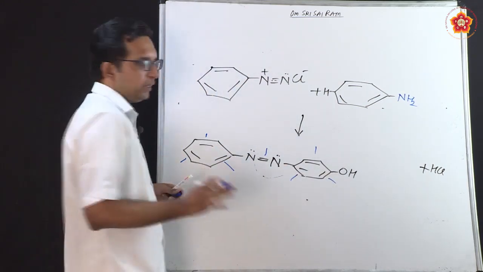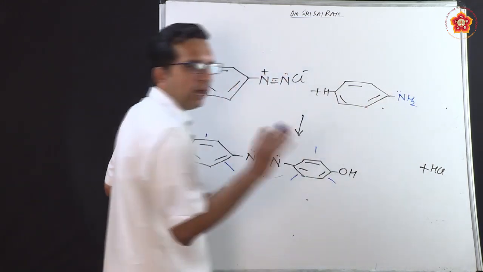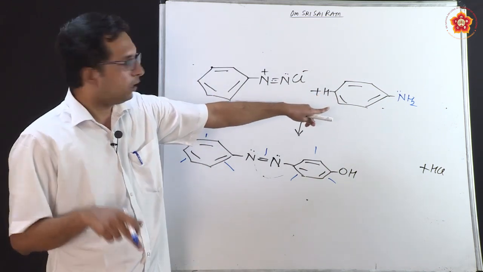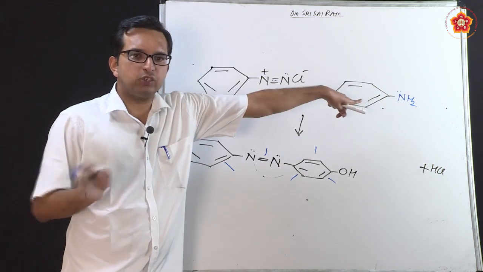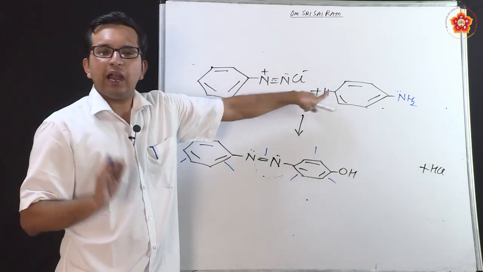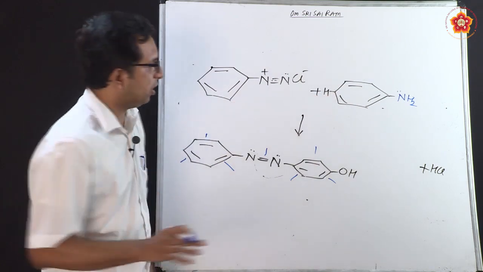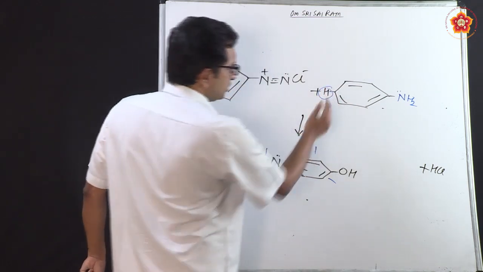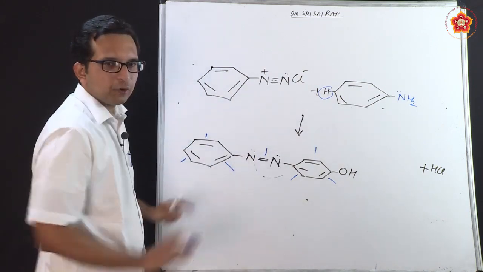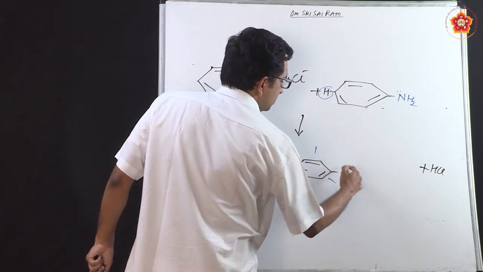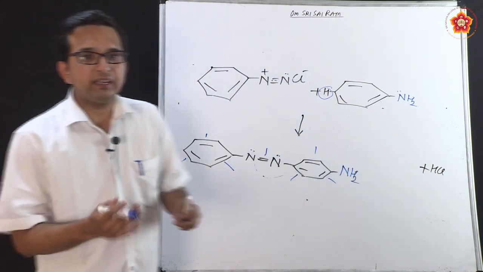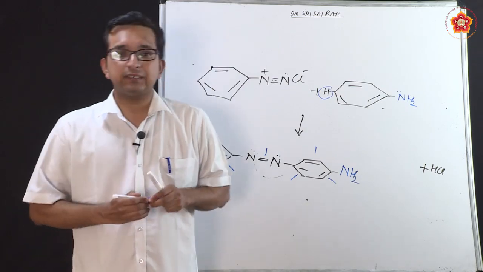All I have done now is the base, but it does not matter in this case whether that is an acid or a base, because the reaction is not happening on NH2 or OH. The reaction is actually happening on the opposite side of that. And whether you take aniline or phenol, this hydrogen remains hydrogen itself, and the byproduct is the same. The only thing is the final product becomes different, where OH is replaced by NH2. So this is how various types of dyes can be formed.